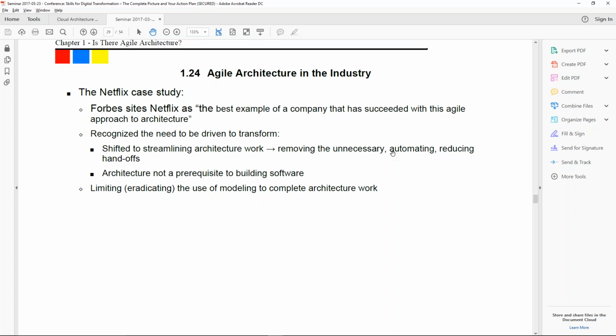So, Netflix is one of everybody's favorite models for Agile technical behavior. They don't tend to use the word Agile technical behavior, but there's an enormous interest in what Netflix does because they've done magic.